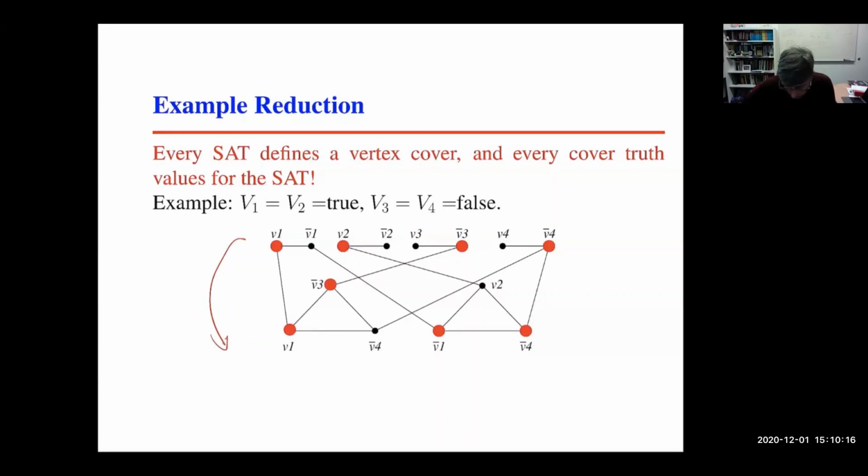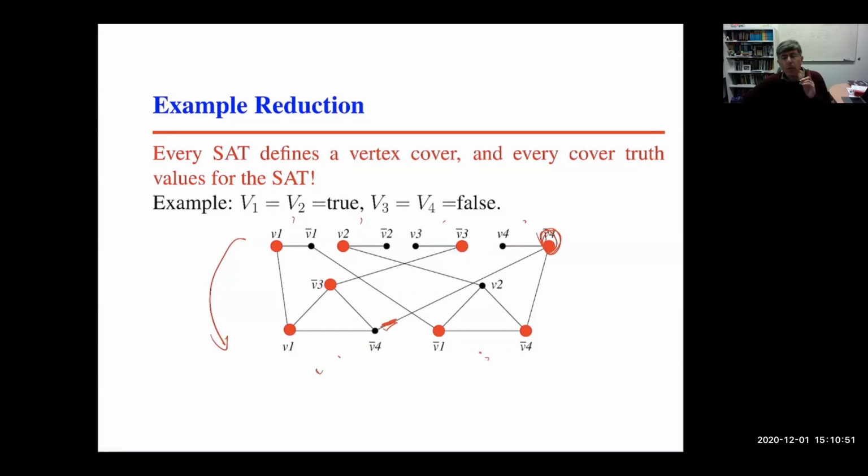If you had a cover of the right size, it could only have used 2 vertices in each one of these gadgets, because that was your bound. And along the way, if it was satisfying, it had to take care of the uncovered connecting edge by being in one of the variables. Any questions about that? Going once.